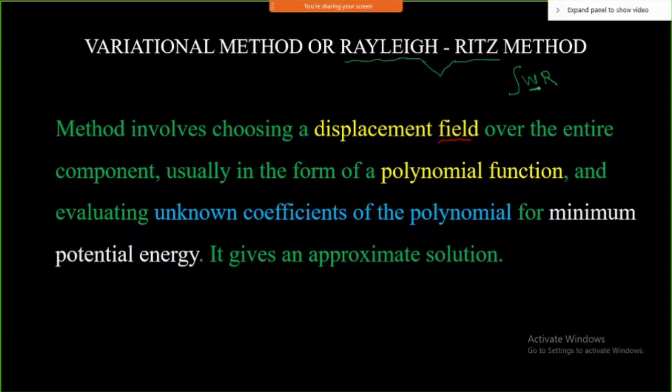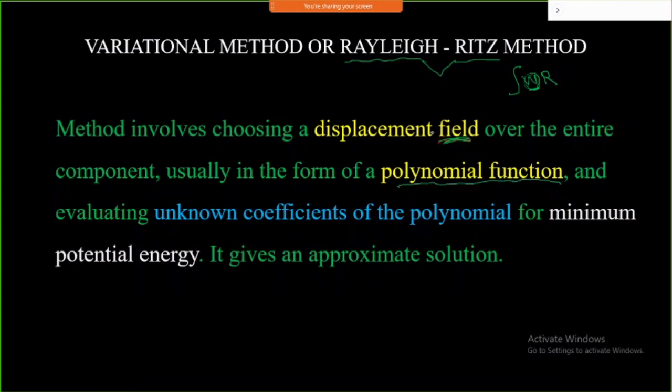But we are starting with a displacement field, a field variable, and it is to be chosen over the entire component, or the entire domain. This displacement field should mostly be a polynomial function.